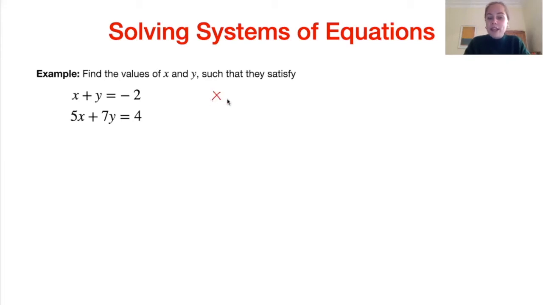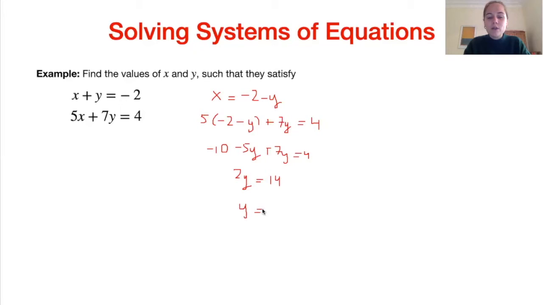For example, here we would rearrange X is equal to minus 2 minus Y, and we would substitute that then into the second equation, 5 times minus 2 minus y plus 7y is equal to 4. And we'd multiply this out to get minus 10 minus 5y plus 7y is equal to 4. So we find that 2y is equal to 14 and y is equal to 7.